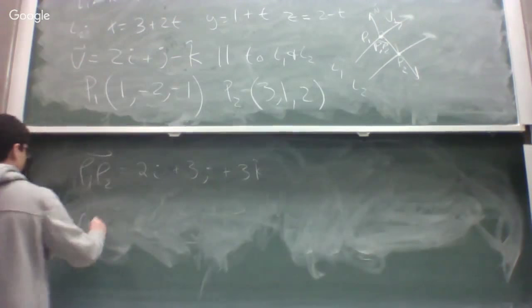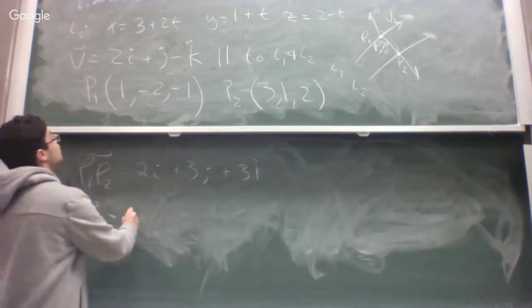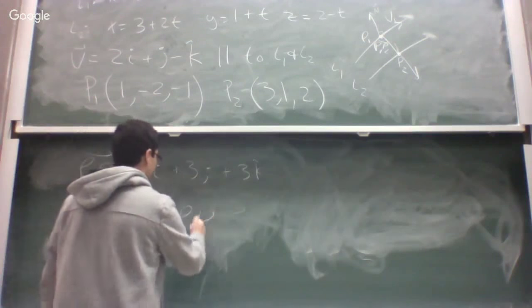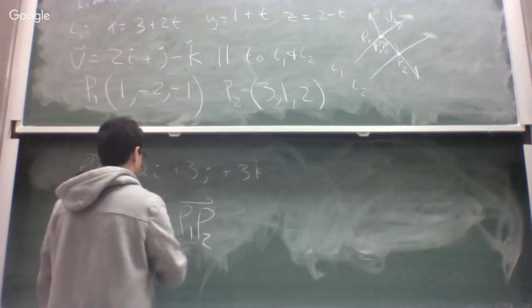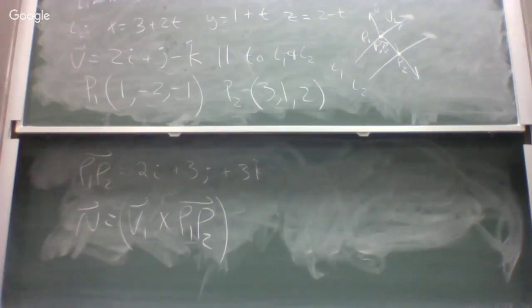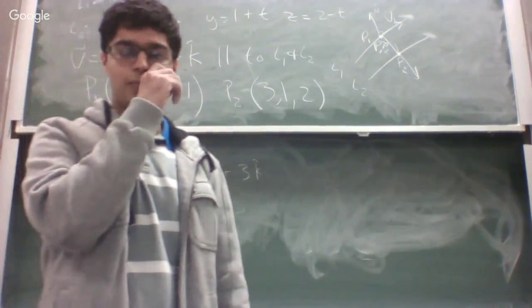So the normal vector is equal to the vector that we found, crossed with P1 to P2. Do you guys want me to write out the matrix?